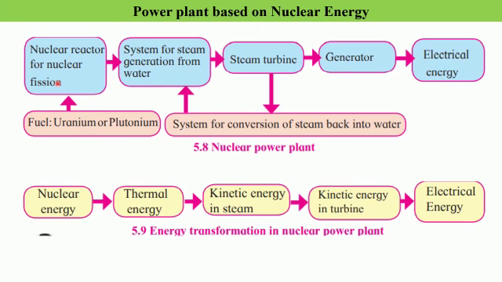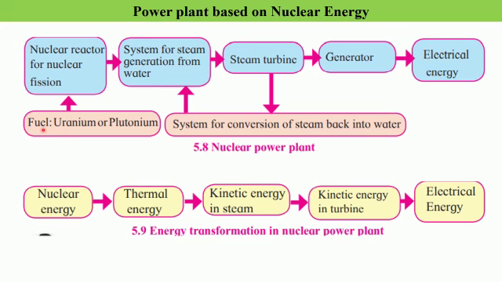So the energy that will be released due to the breaking of the nuclei of these atoms will be used to heat water so as to produce steam. This steam will be used to drive the turbines, which in turn will activate the generator so as to produce electrical energy.